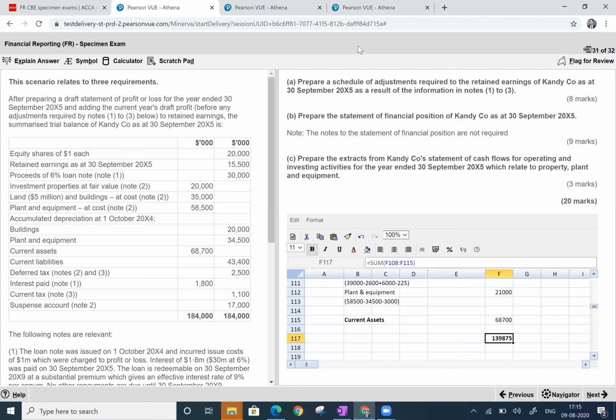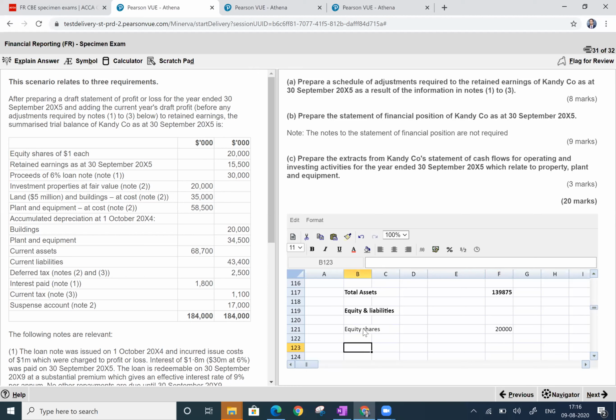So total assets is 875. Next one, equity and liabilities. You wind up in another 5 minutes. Equity and liabilities. First one is equity shares. Nothing happened to equity shares, no share exchange, nothing, so you can take it as such, 20,000.